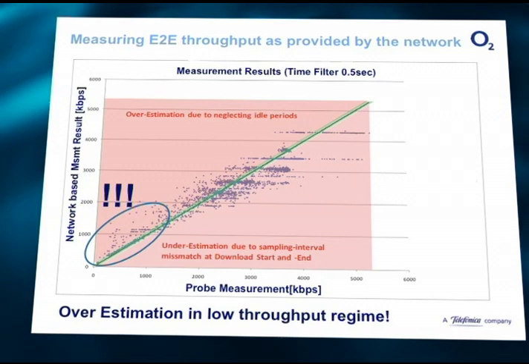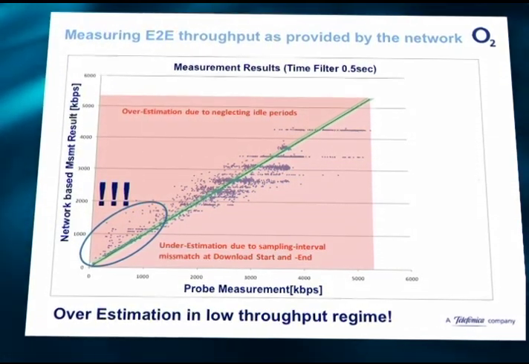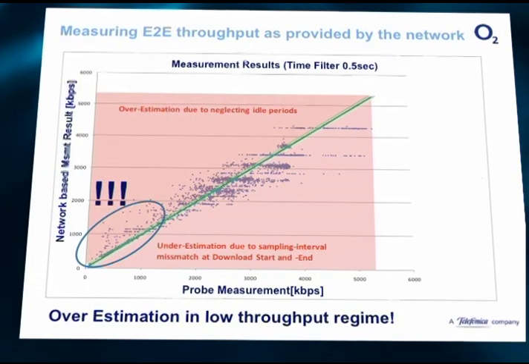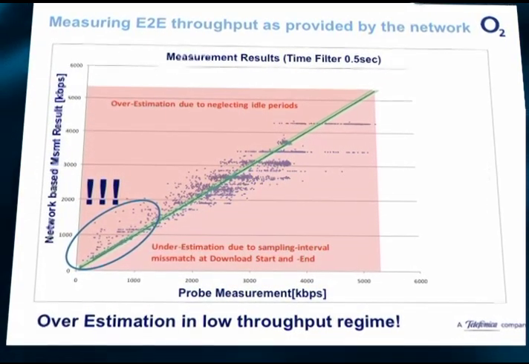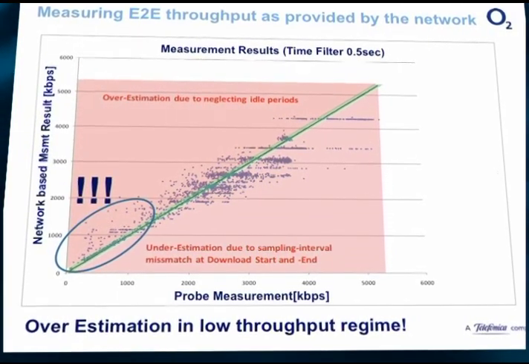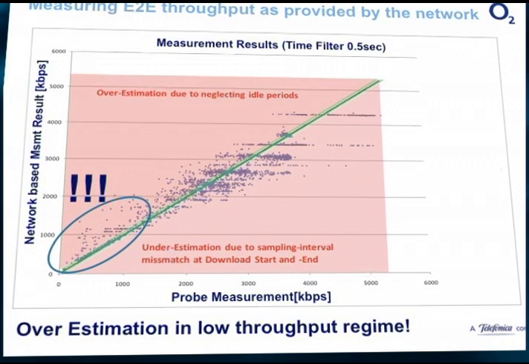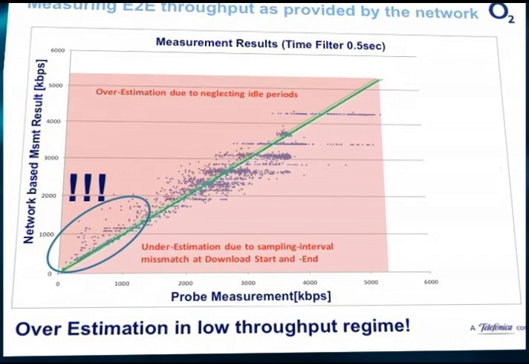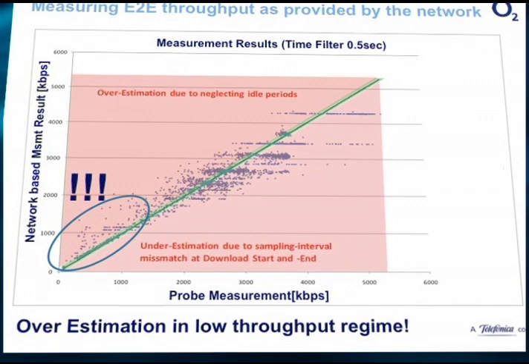But what you see on the contrary is that most of the results differ considerably from reality. In particular, within the region of low throughput, where you naturally have the biggest problems, the measurement tends to overestimate the real situation. So it would be interesting to find out the reasons.